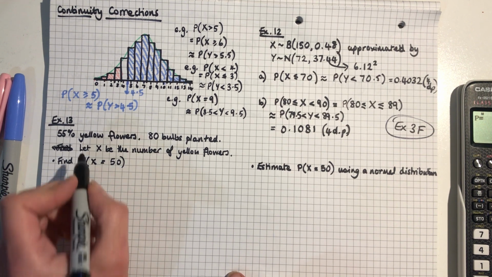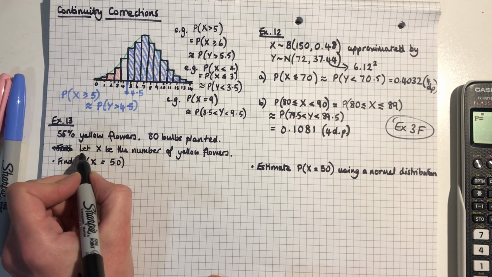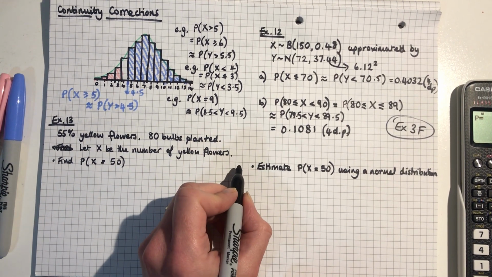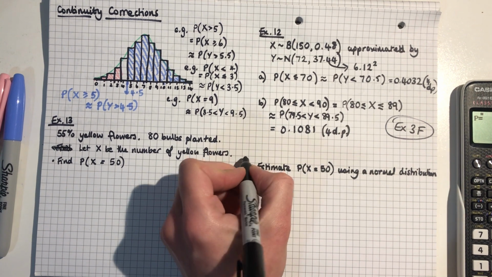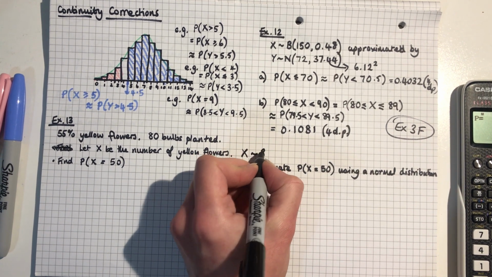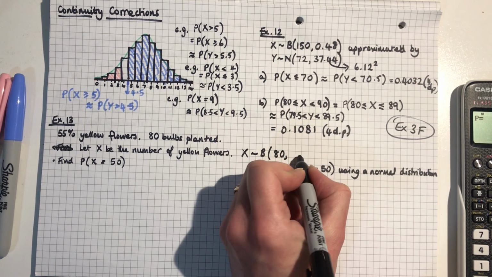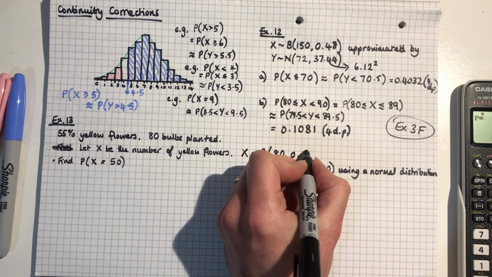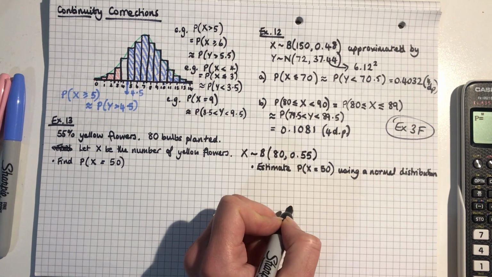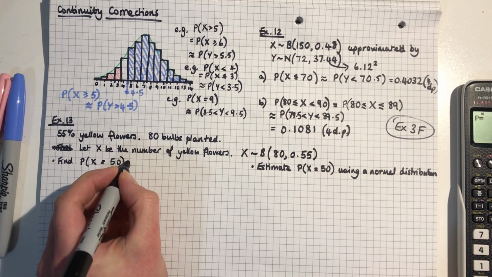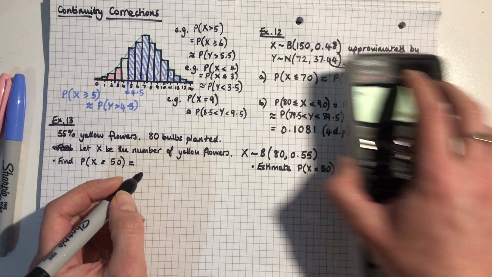So let's start off then by defining our variable x. We're going to let x be the number of yellow flowers, and we'll write down what the binomial distribution for x is. So we had 80 bulbs planted, and the probability of it being yellow each time is 0.55. So to find the probability that x equals 50, we can go to the calculator for this, can't we?